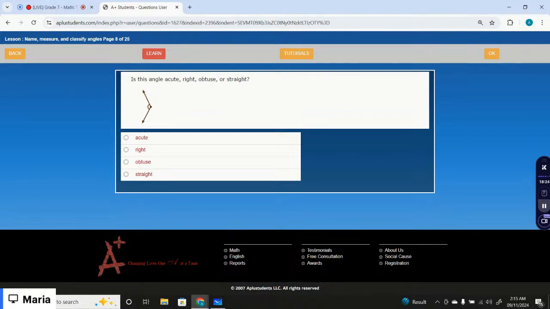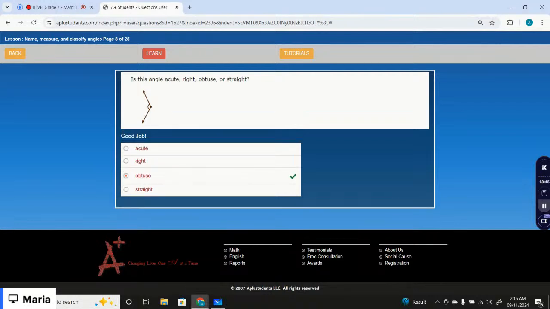Is this angle acute, right, obtuse, or straight? That is an obtuse angle. Option number 3 is the correct option. That is an obtuse angle, more than 90 degrees.